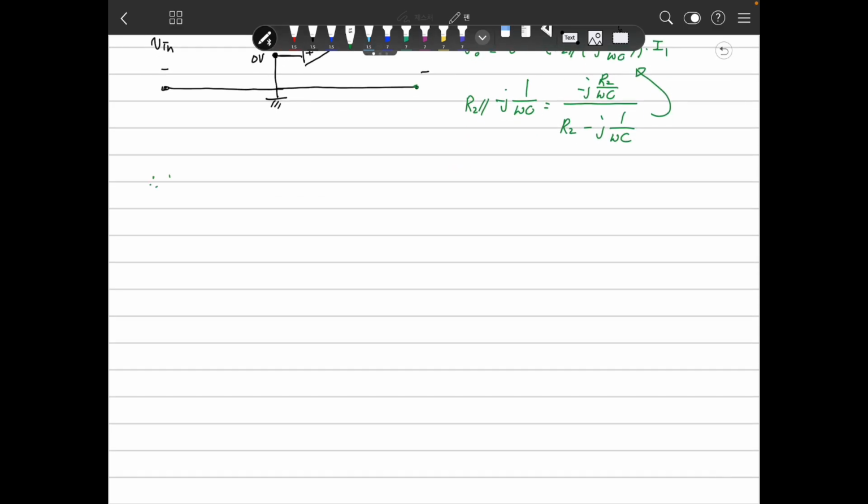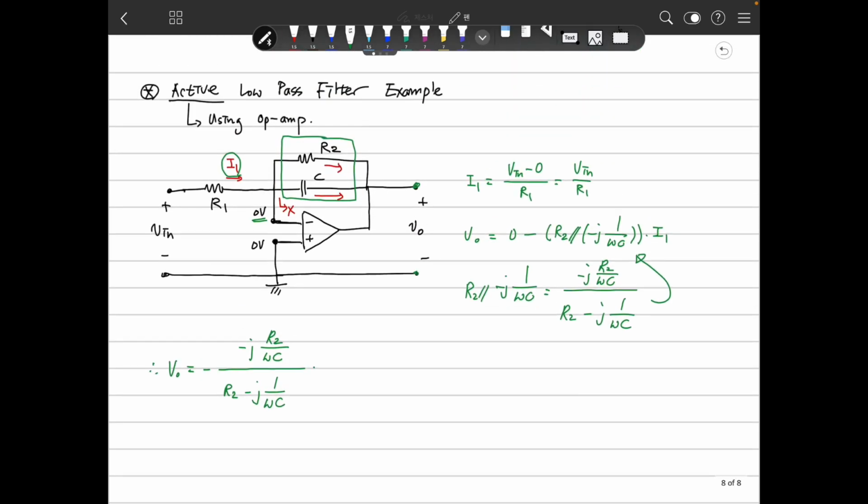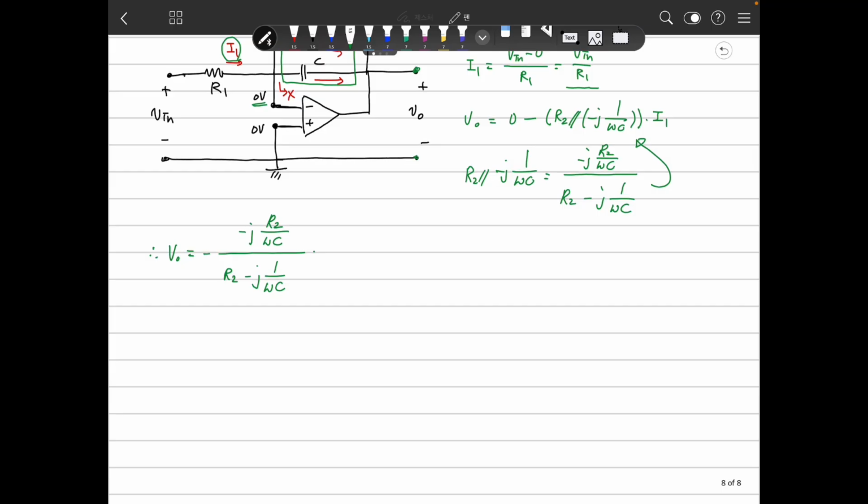Therefore, V0 will be minus R2 minus j 1 over omega C, minus j omega C R2, and I1 is R1 V in.